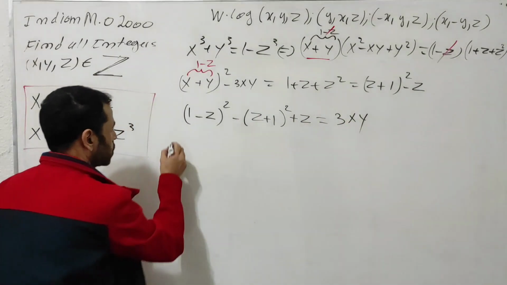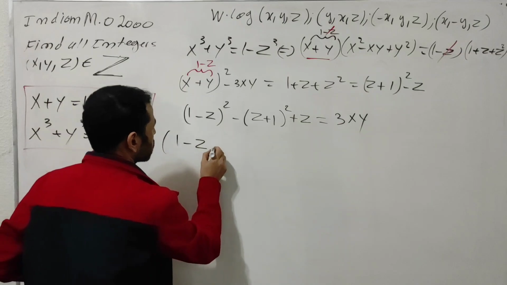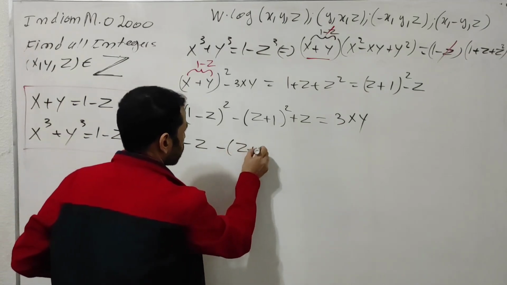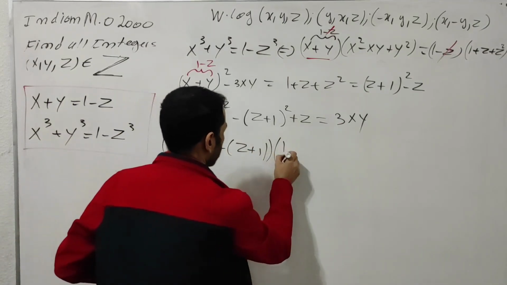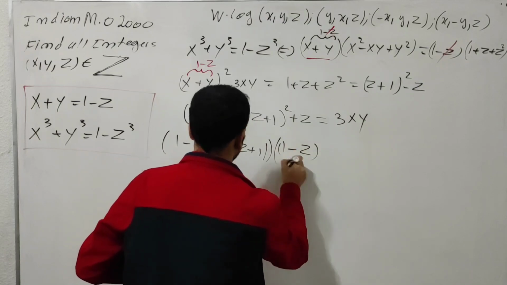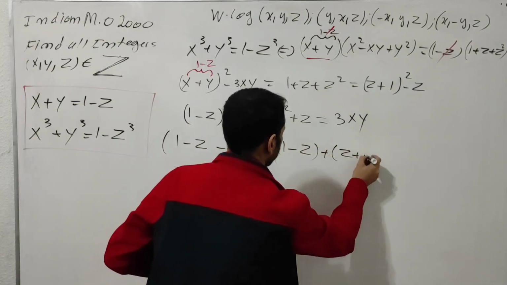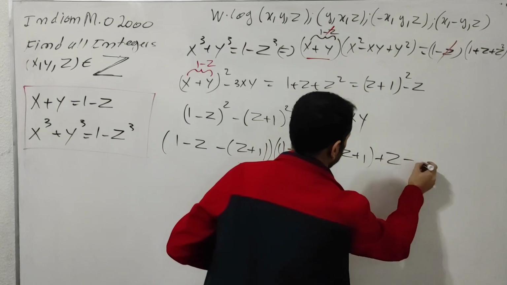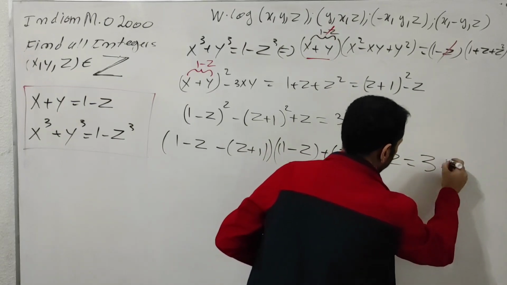I will get 1 minus z plus 1 times 1 minus z minus 1, plus this z here, equals 3 times xy.